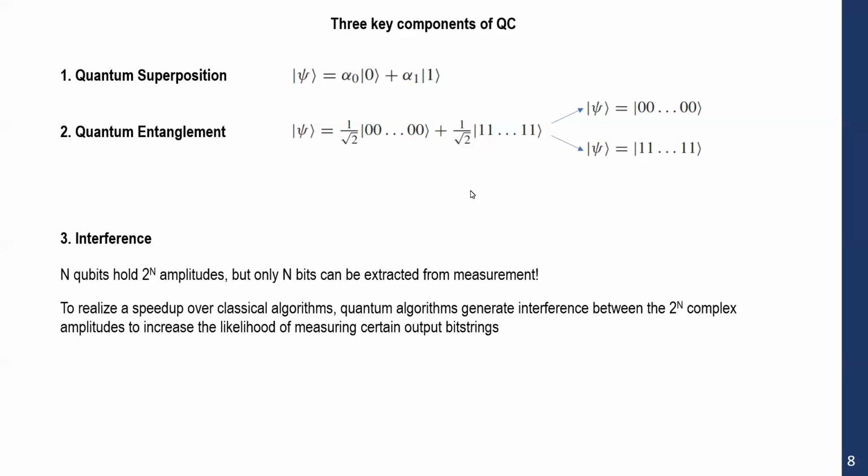And the last component of quantum computing is interference. So the system of n qubits, as we discussed, contains 2 to the power of n quantum amplitudes, which is a huge number for a typical existing quantum computer already.